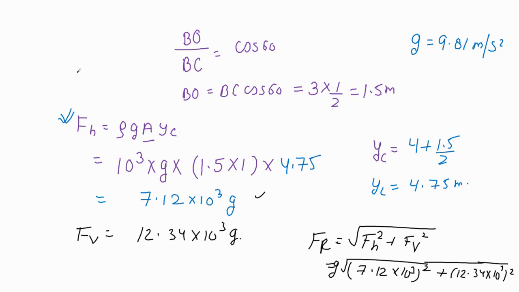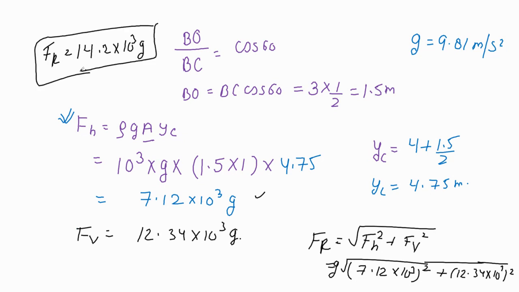We solve this equation and we get Fr as 14.2 into 10 cube g. So this is the hydrostatic force which acts on the BC.